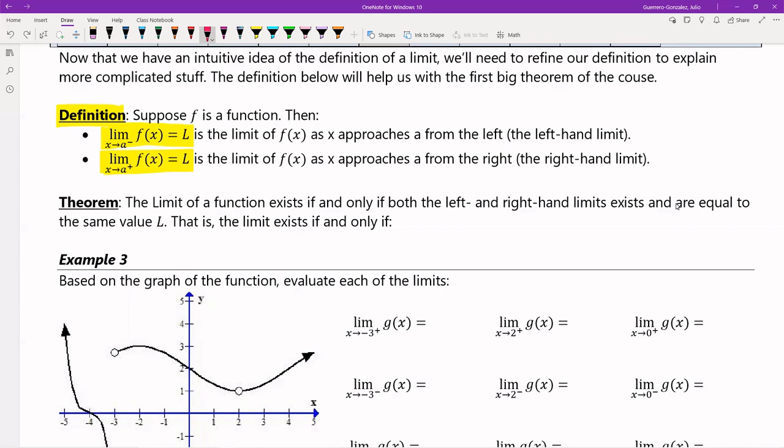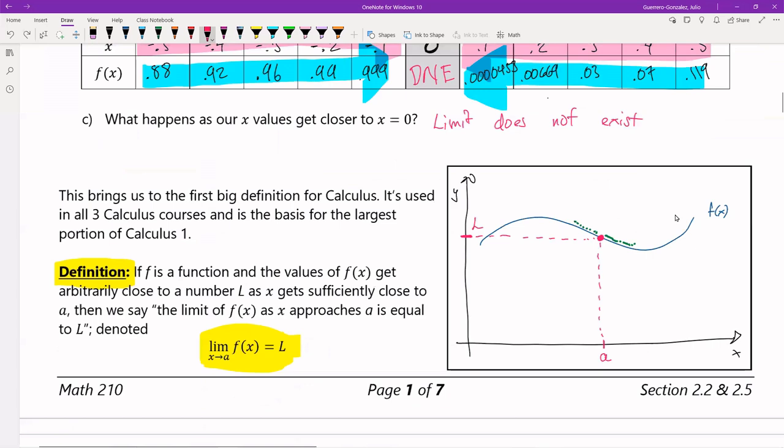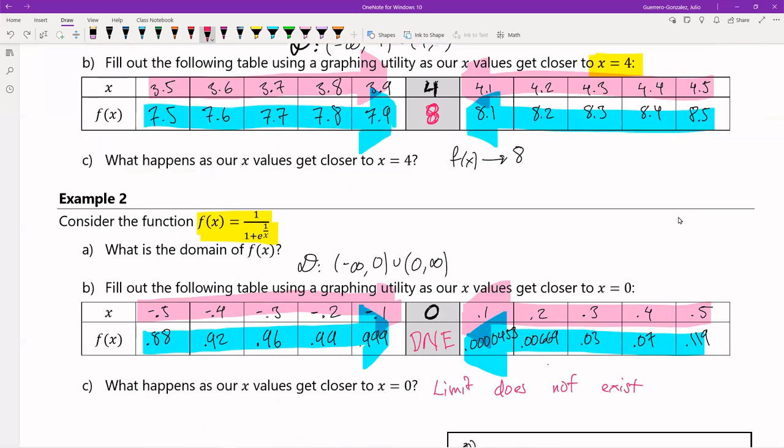So let me scroll back to our original examples. When we were doing this side over here, this was the limit as x approaches a from the positive side. And when we were doing this side over here, we were saying the limit as x approaches a from the negative side. That's the difference. So we basically broke down our definition of a limit into a positive limit, or right-handed, and a negative limit, or left-handed.